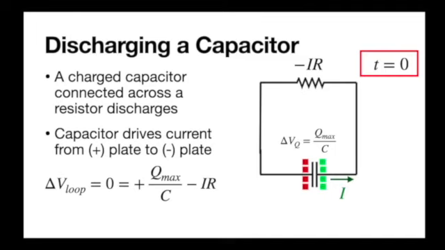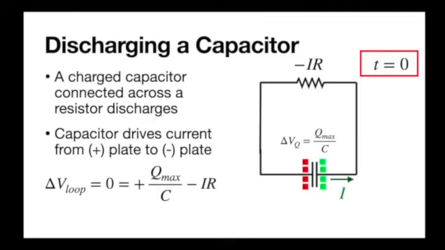So in this way, our capacitor almost acts like a battery, because now the charged capacitor is driving the current. And it's driving it in the opposite way that the battery did. So now going through the resistor, going through the circuit, we go in the direction that the capacitor wants to pump the charge. Across the capacitor, in the new direction of current, now we go from minus to plus.